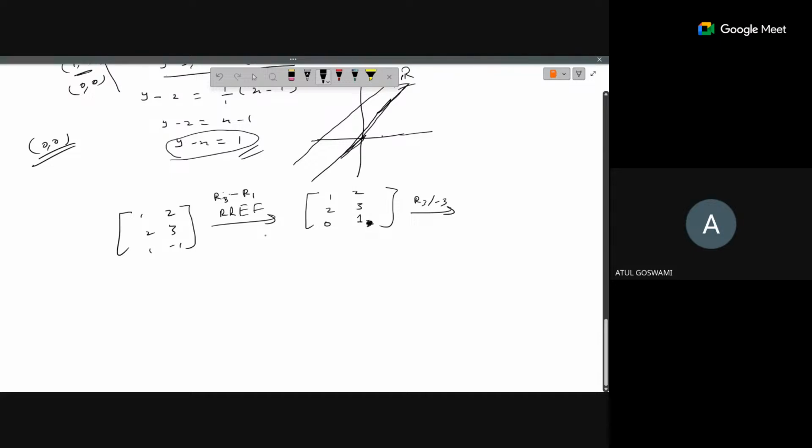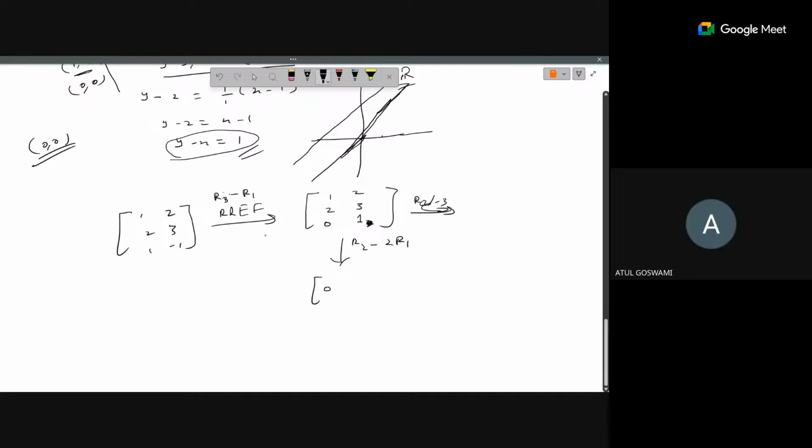Okay, so I may have changed this row. Now we get this 1. Now what we do, we need to remove the 2 also there below 1. So R2 minus 2 times R1.